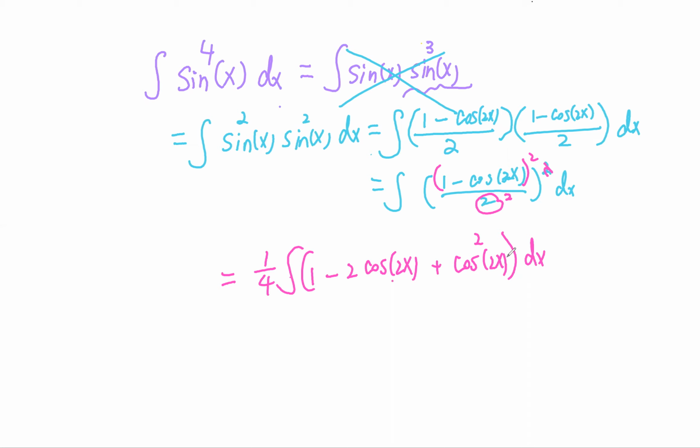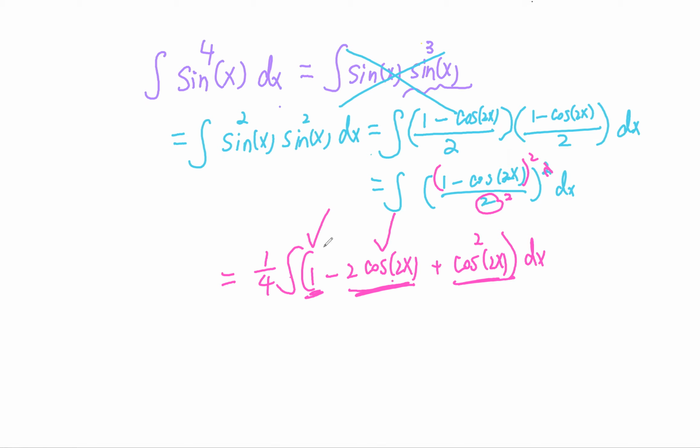Right now, let's go 1 by 1 to see if we can solve this, right? So 1, that's not a problem. 2 cosine 2x, that's not a problem because this is basic trig. How about cosine 2x squared? Can we solve this one? Anyone?